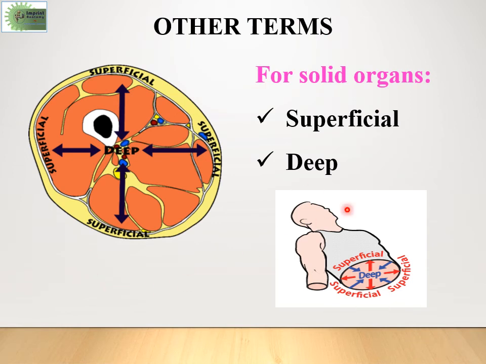Now, there are other terms in the case of solid organs. Some structure is covered or present on the surface of any organ or our body, as I can say the skin. That will be called superficial, meaning on the surface, not superior.